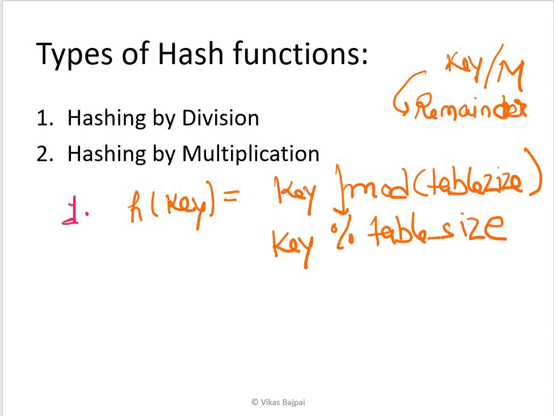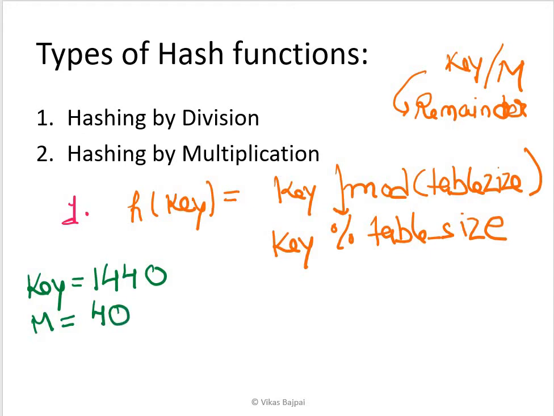Let's take an example where I'm taking a value as, let's say, key I have as, let's say randomly 1440, and my table size, which is m, equals, let's say, 40.